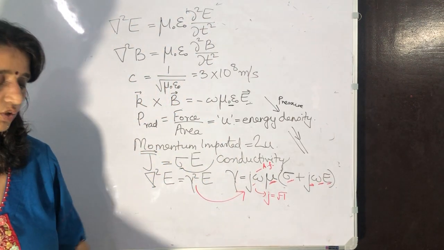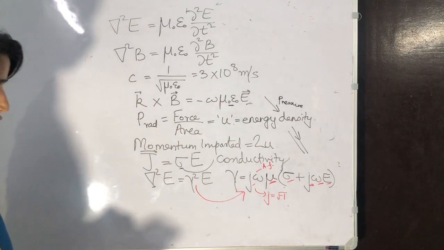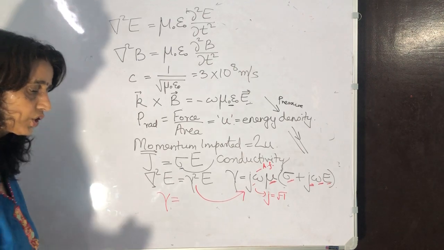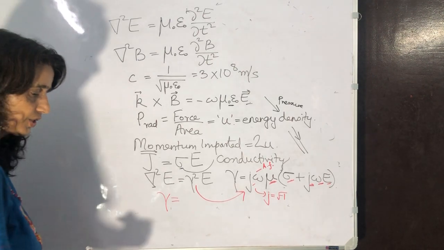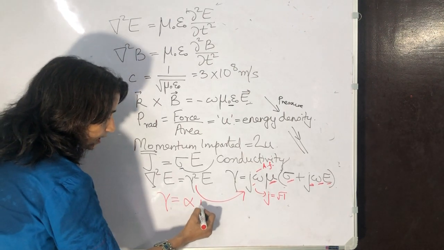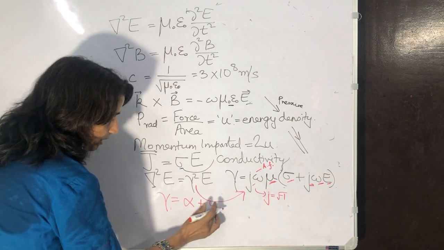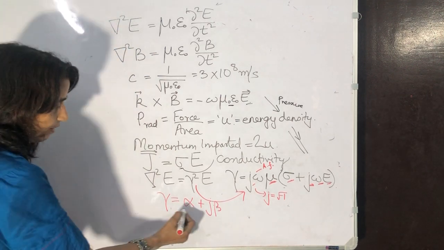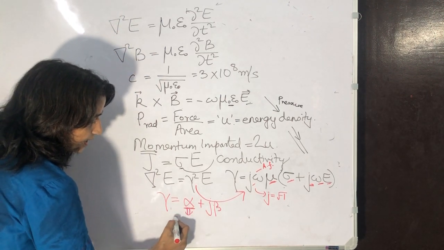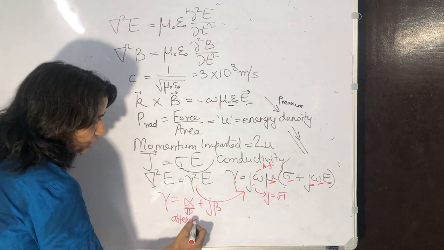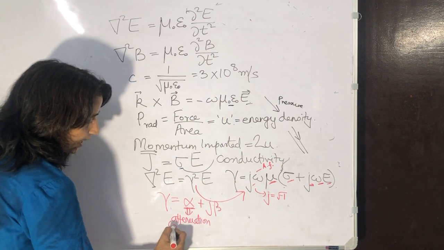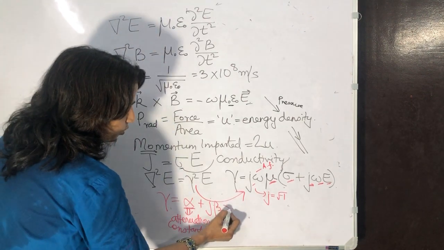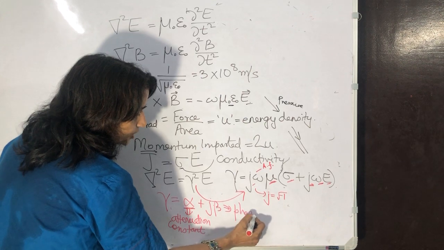You will be deriving all these things in your theory. So just remember that this factor, the propagation constant, a complex quantity, has a real part and an imaginary part, alpha and j beta. Here alpha, the real part, is known as the attenuation constant, and beta, the imaginary part, is known as the phase constant.